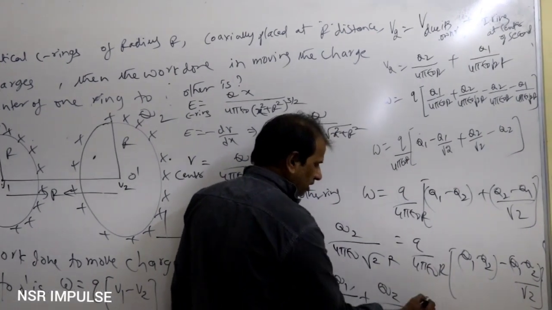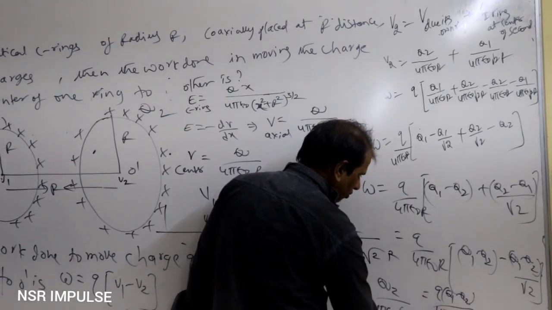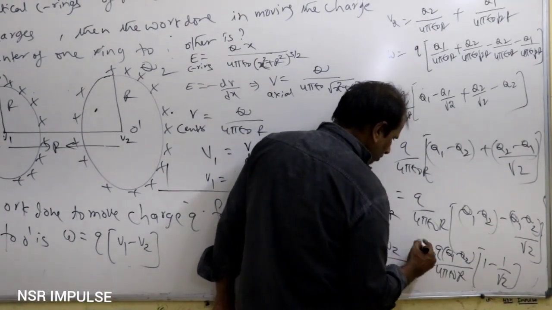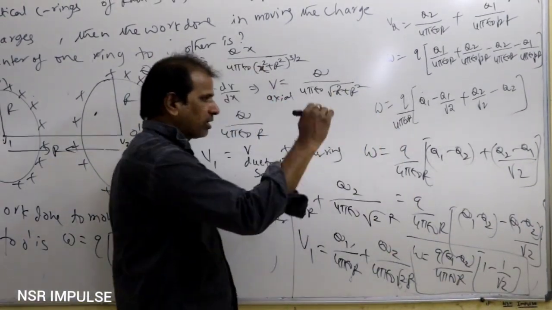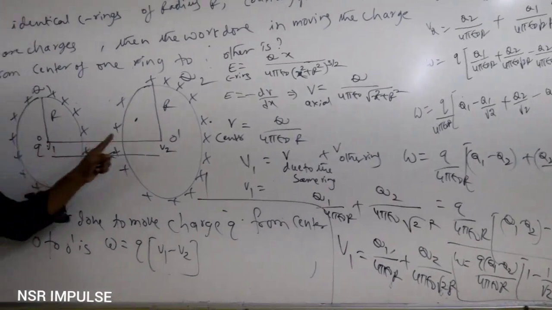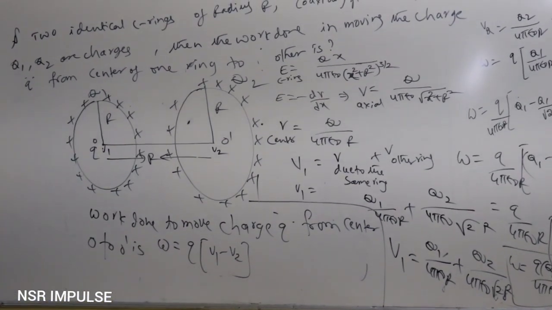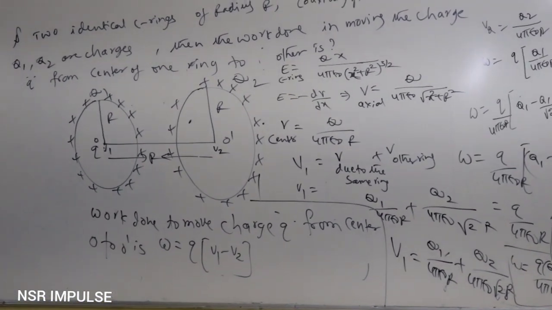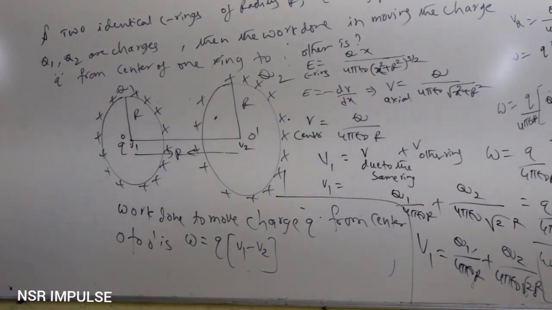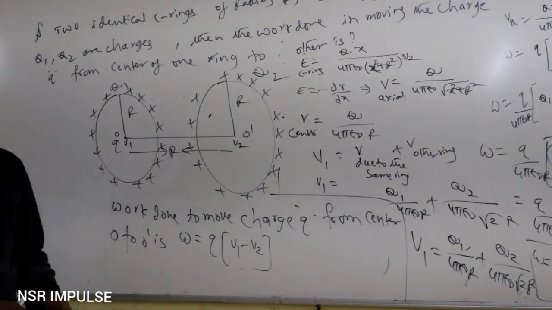So if I take totally, Q into Q1 minus Q2 by 4 pi epsilon naught r, into 1 minus 1 by root 2. This is the work done in moving the charge Q from the center of the first circular ring to the center of the second circular ring. Which charge? Q charge. This is the problem.